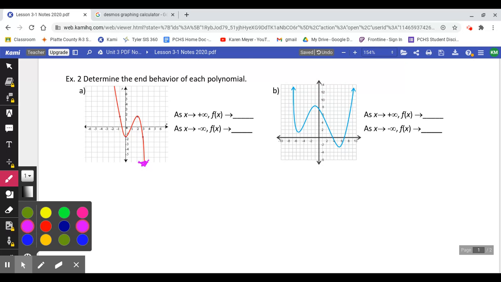Put a little arrow here. So that means it's going to negative infinity. On the left side, as x goes to negative infinity, if you look at your graph, it's going upwards. Now I'll put a little green arrow here. And since that's going up, that means it's approaching positive infinity.